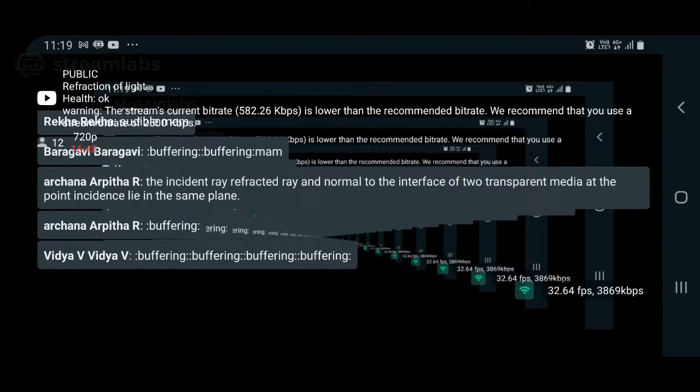What happens here when the ray passes from the incident ray to the refracted ray? If you draw a normal line, the bending is towards the normal line.